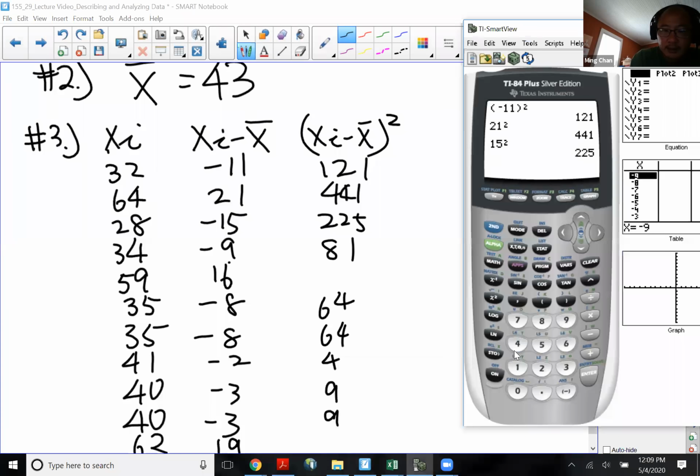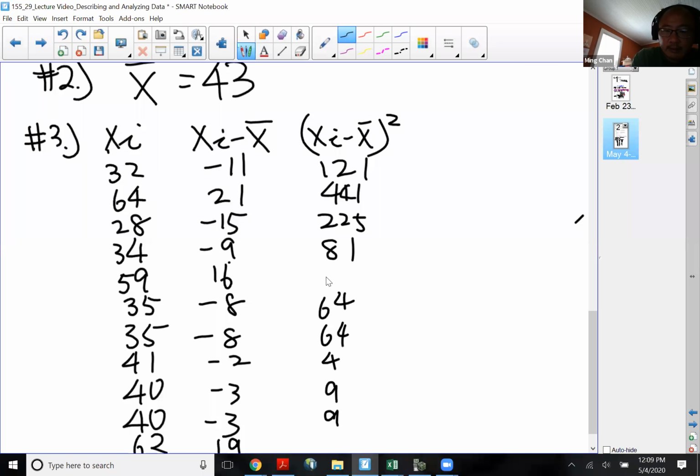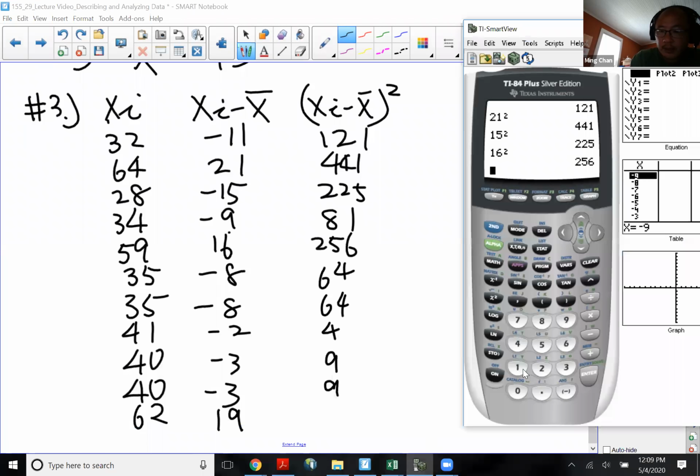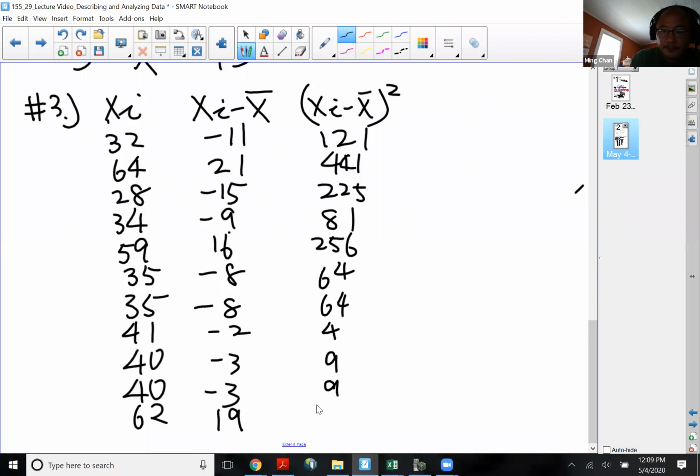I don't know what 16 squared is, so I'm squaring every number so they all become positive, 256. 19 squared, 361. So they go from negative distance to positive distance simply by squaring them. Then I'm going to add them all up.